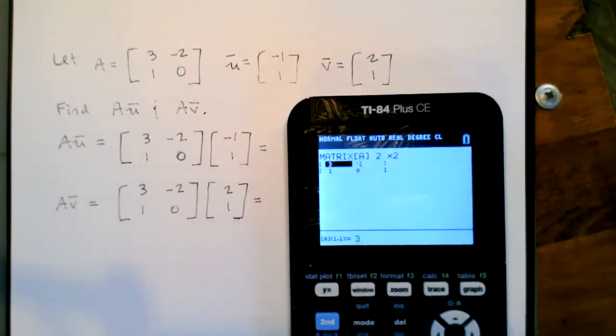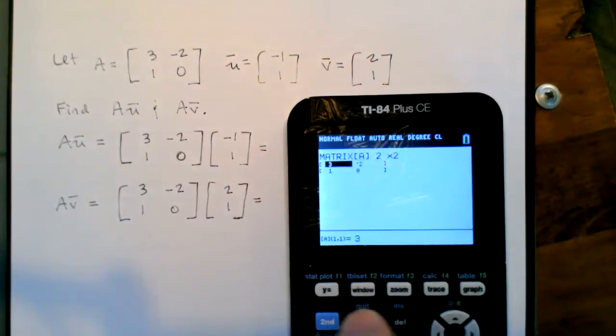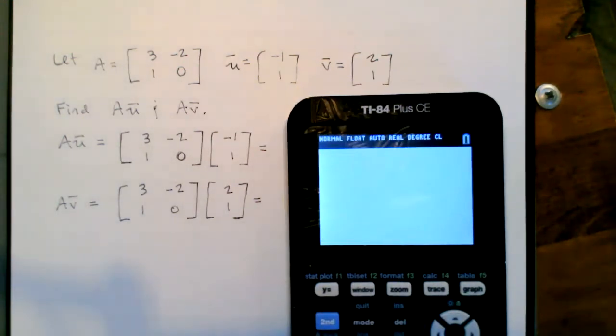Now my calculator has a button that will bring up this matrix, 3, -2, 1, 0. So from the home screen, if I go to matrix names and hit A, that will display the matrix A. And I could use this matrix A in operations.